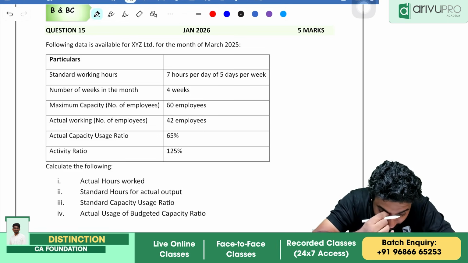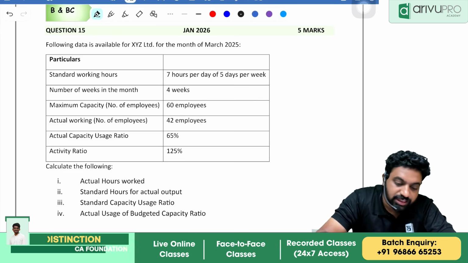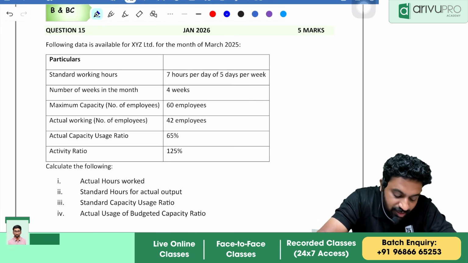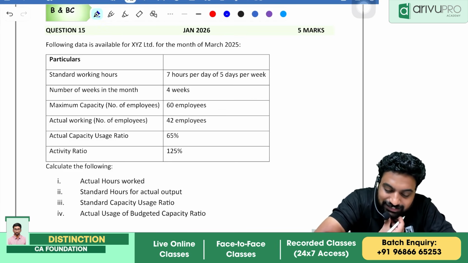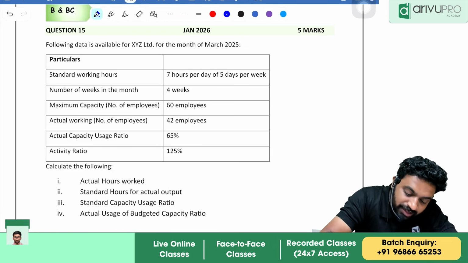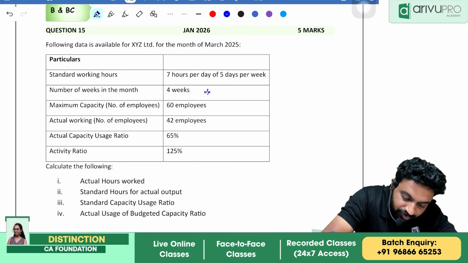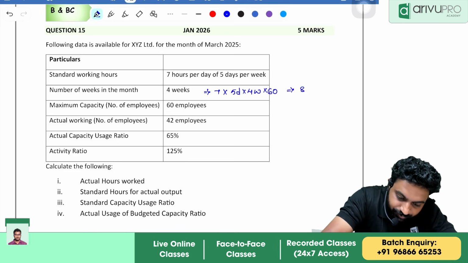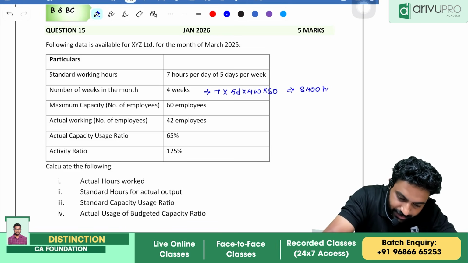Following data is available for XYZ Limited for the month of March 2025. Standard workings they have given: 7 hours per day, 5 days, 4 weeks, 60 employees. May I know the maximum capacity? 7 hours, 5 days, 4 weeks, 60 employees is 8,400 hours.